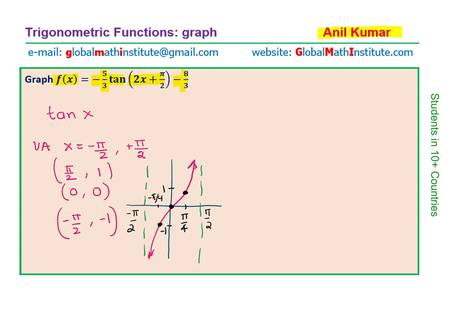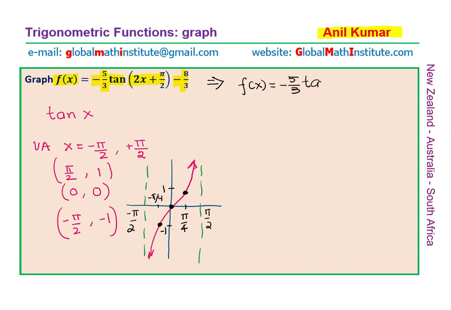Now let's look into what we expect after transformation of this particular graph of f of x. The first thing I will recommend is to always rewrite this function. So we'll rewrite this as f of x equals minus 5 by 3 tan of, factor out 2, right?